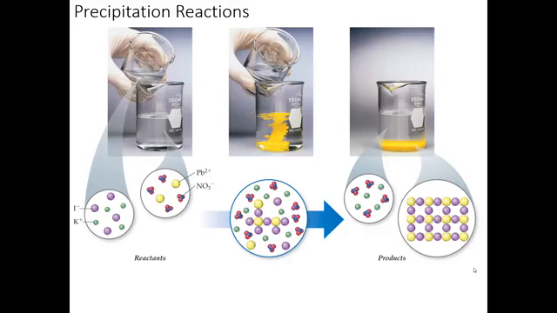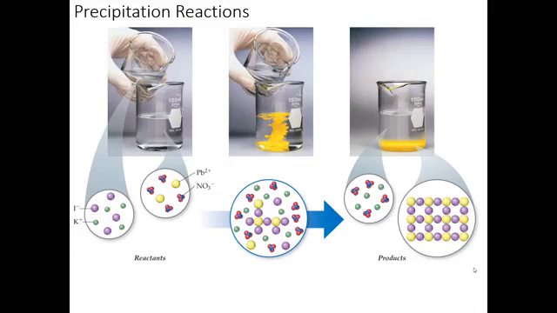You'll notice in the center frame, when the two solutions are mixed, a yellow solid begins to appear. That yellow solid is lead 2 iodide. The aqueous solution formed above the solid is potassium nitrate.